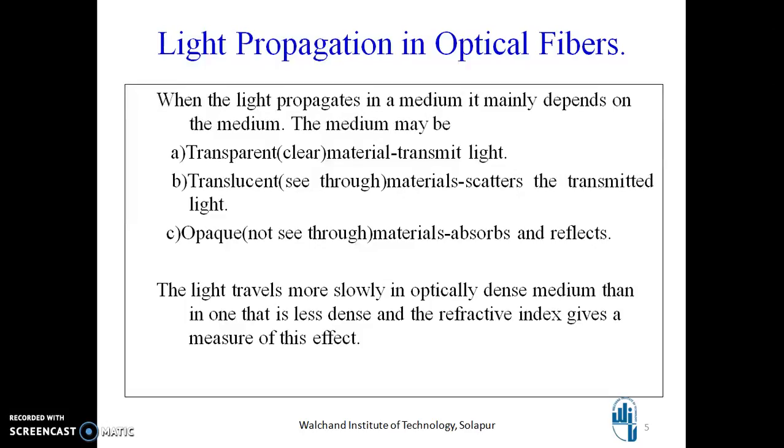Whereas if the material is opaque, that is, if we cannot see through the medium, then the material absorbs and reflects the light. However, the light travels more slowly in an optically dense medium than in one that is less dense, and the refractive index gives a measure of this effect.